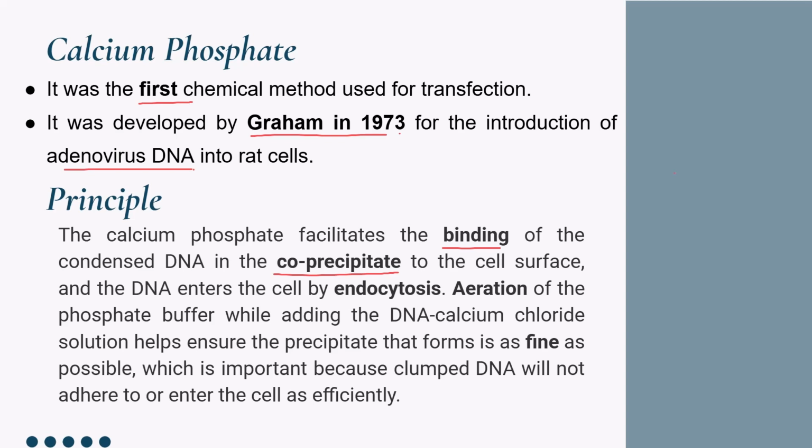The DNA, the genetic material, will co-precipitate on the cell surface along with the calcium phosphate. Then endocytosis of the calcium phosphate plus genetic material occurs, and it gets internalized into the cell. So this is what happens.